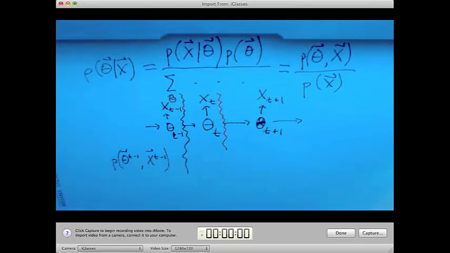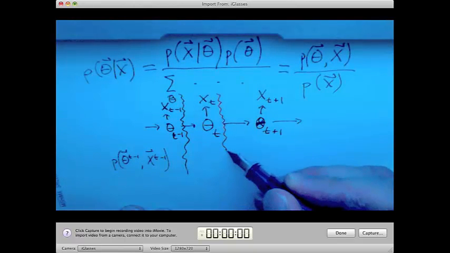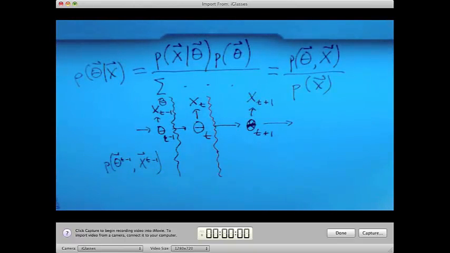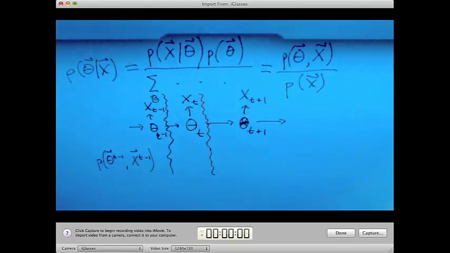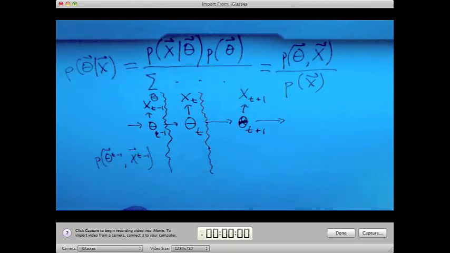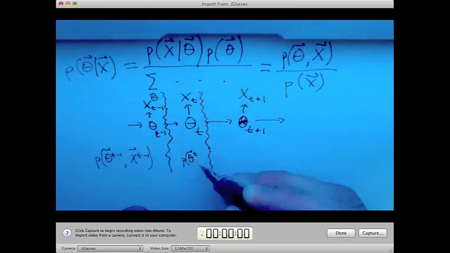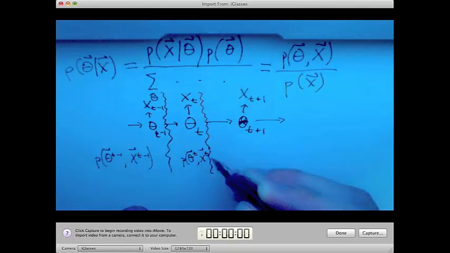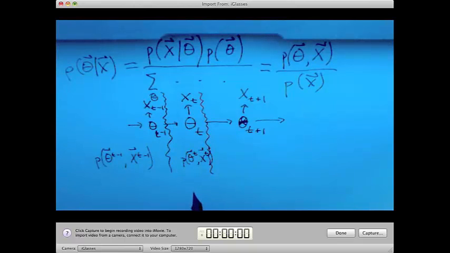And just for completeness' sake, I'll also note that the whole domain up to the second line is, of course, p theta t vector, x t vector. Okay. So now let's say I want to get p theta t x t from the previous p theta t minus 1 x t minus 1. What's left? Well, the only things that are different between them, everything else is shared, is just those two edges.